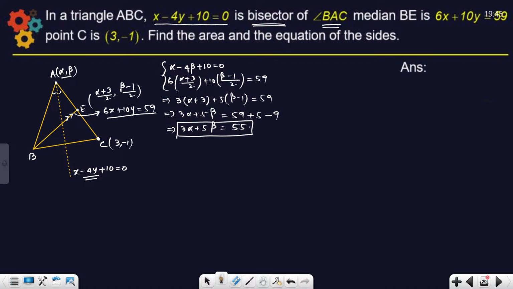So this is my second equation. And the first equation is... Okay, so let us just solve this one. Let me multiply this with 3, and let me subtract this equation from 1. What are we getting?